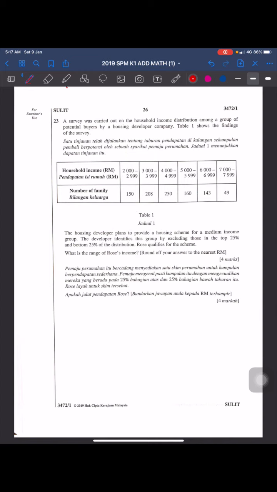Okay, kalau daripada situasi ini, we know that top 25 and bottom 25 ni is actually, top 25 is Q3, third quartile, and bottom 25 is actually first quartile. Okay, so jika soalan involve quartile, sama macam kita cari median lah.